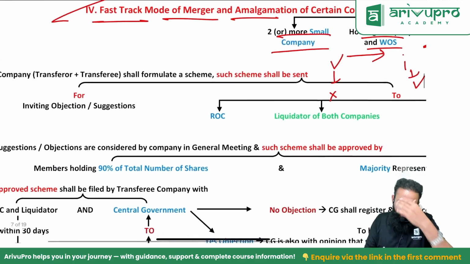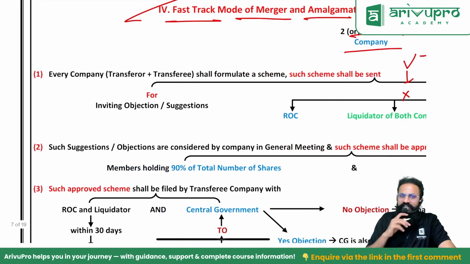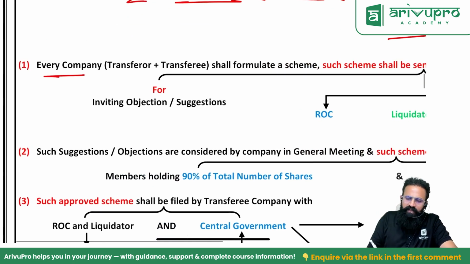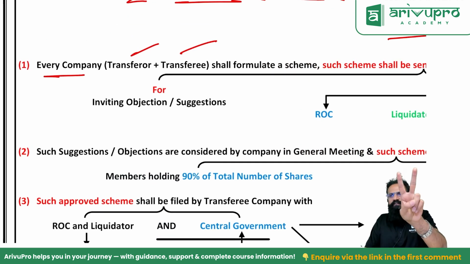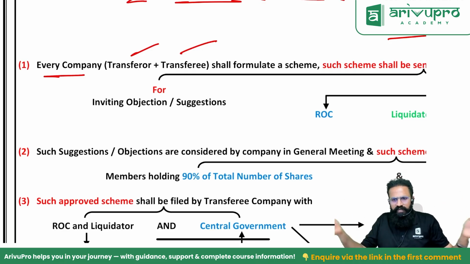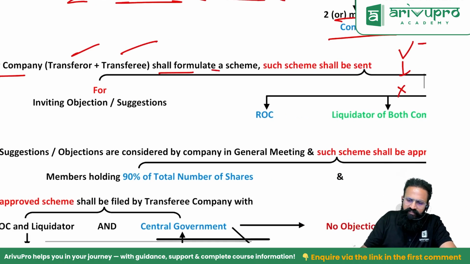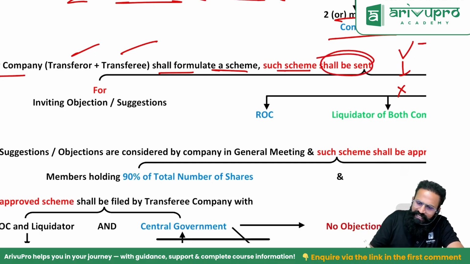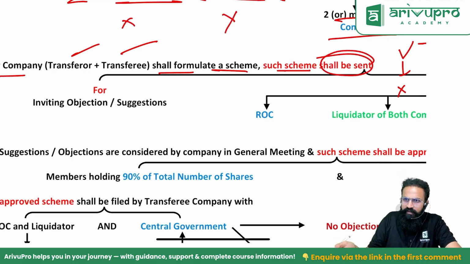Okay, now how is that, sir? Why is there a fast track merger? See here, every company, the transferor and transferee, shall formulate a scheme. Let us imagine two startups, X and Y, coming together. It is going to become XY.